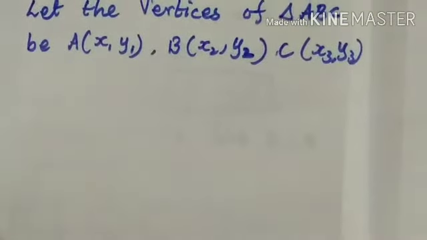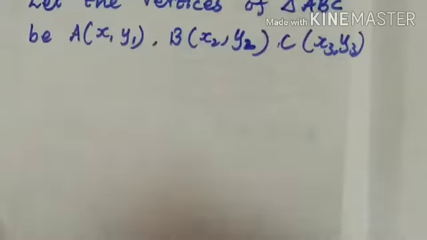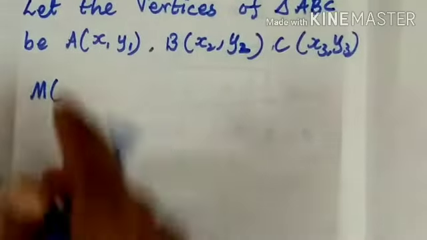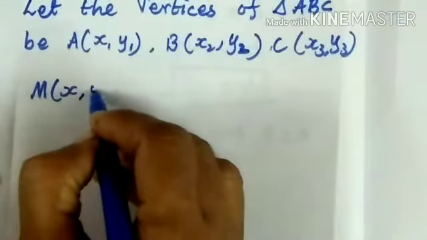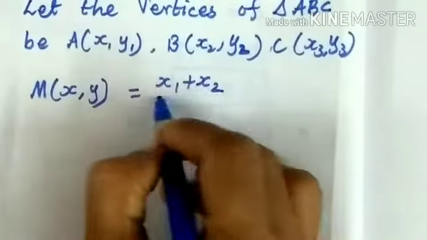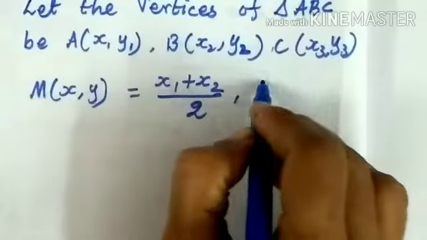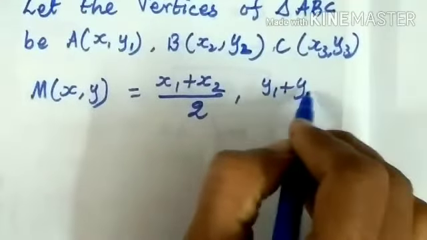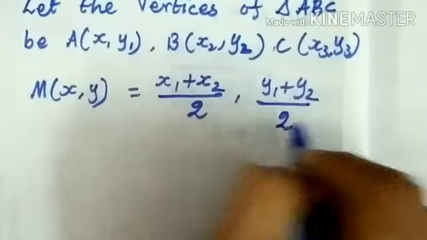Now, what is the formula for midpoint? Yes, M(x, y) is equal to ((x1 plus x2) by 2, (y1 plus y2) by 2).